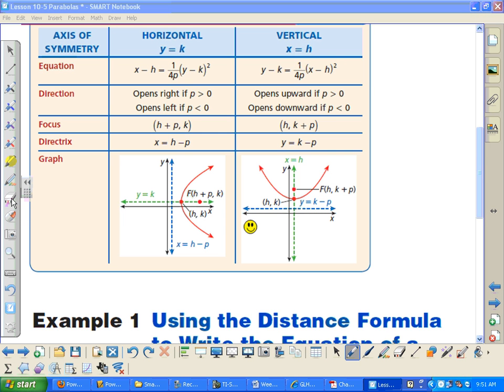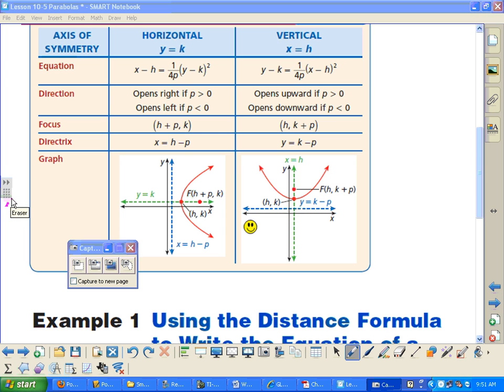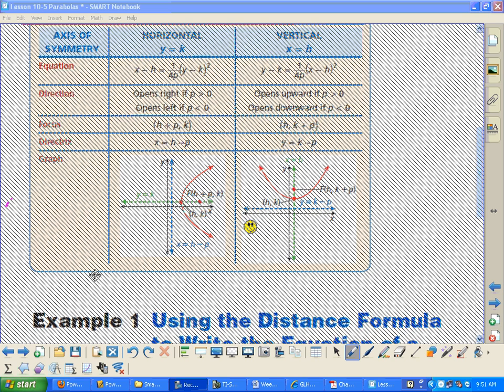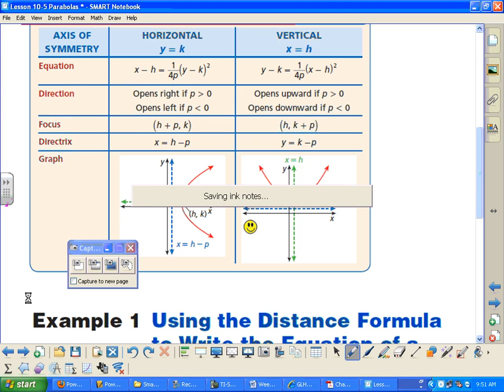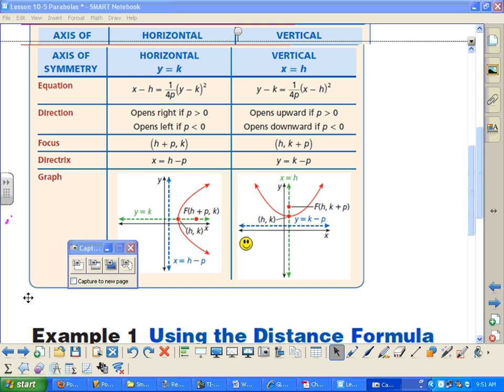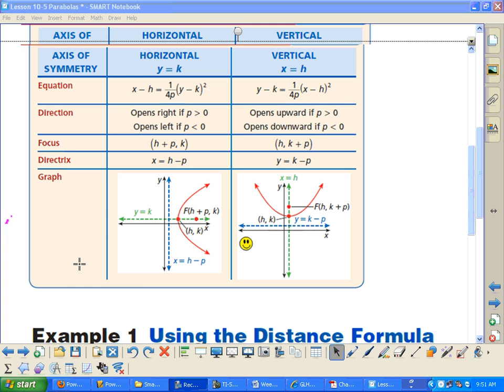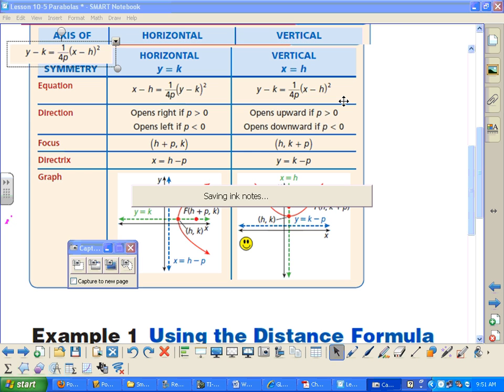Okay, so we're going to use, oh, hello. I don't know what I just did. That's interesting. Okay. So it opens vertically.